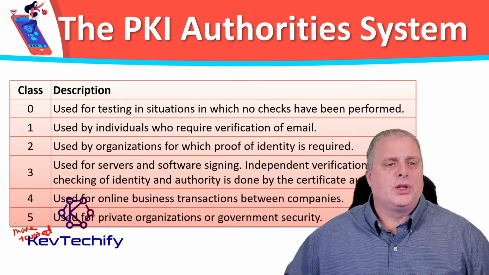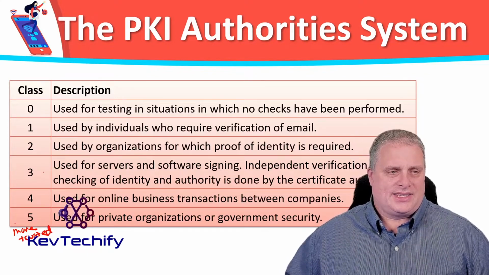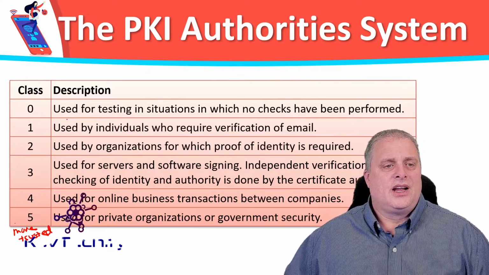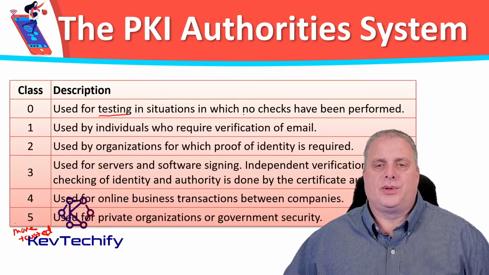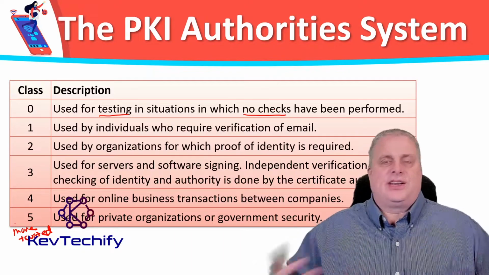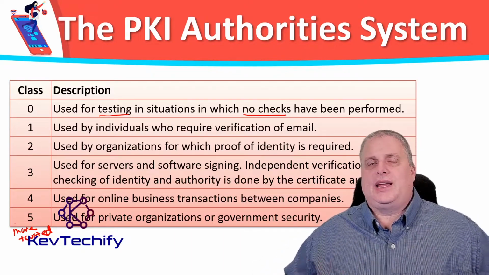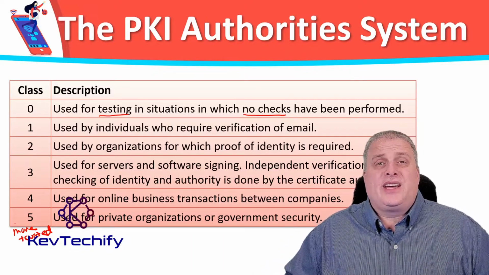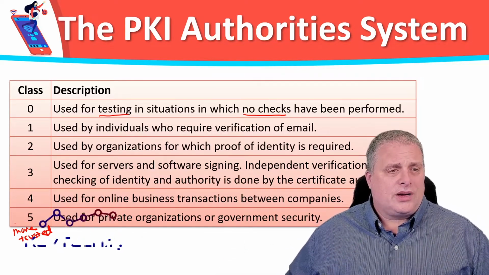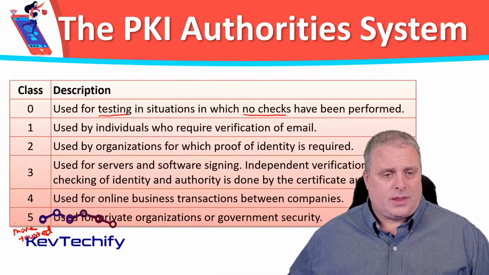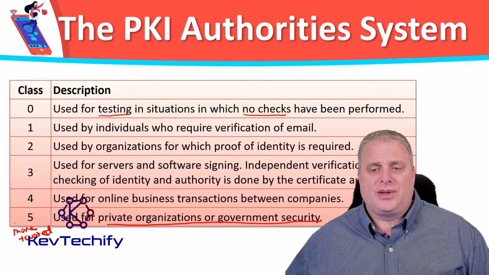As you can see, looking at the scale, the different classes here, class 0 is used for testing, where no checks have been performed. You're testing out your website just to make sure that it handles HTTPS, the SSL certificate, fine. That's what you're doing it for. All the way down to class 5 here, for private organizations or government security.